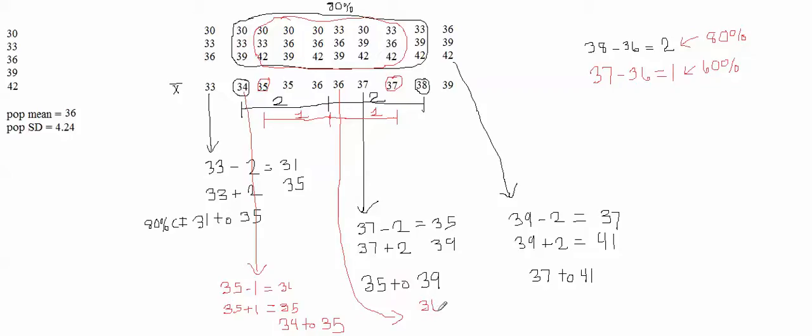A confidence interval is always the sample mean plus or minus the margin of error. The margin of error that you use determines whether it's an 80% or a 60% confidence interval. So this one will be 35 to 37.